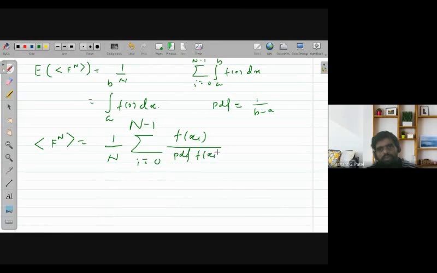If we generalize this, we can write it into this form. This more generalized form is known as a Monte Carlo estimator, and we have to remember this formula every time we integrate. We'll use this one.